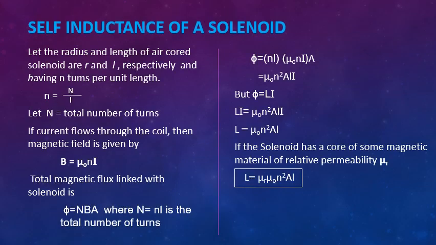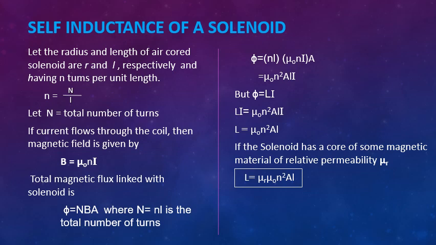Let us now derive an expression for self-inductance of a solenoid. Consider a solenoid whose radius is small letter r and length is small letter l respectively, such that r is very much less than l. Let the solenoid have capital N number of turns.